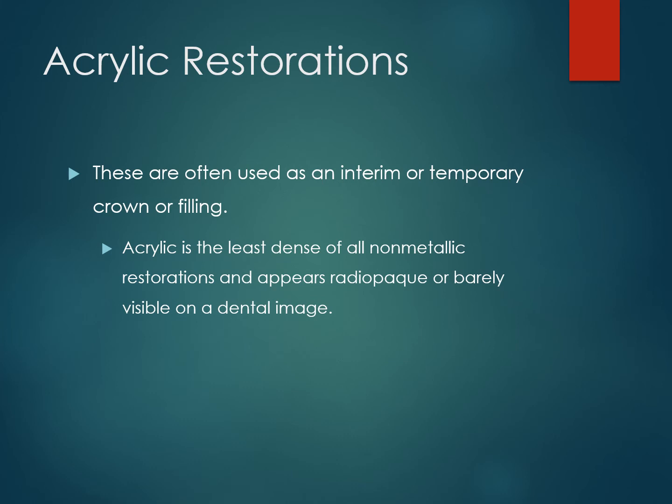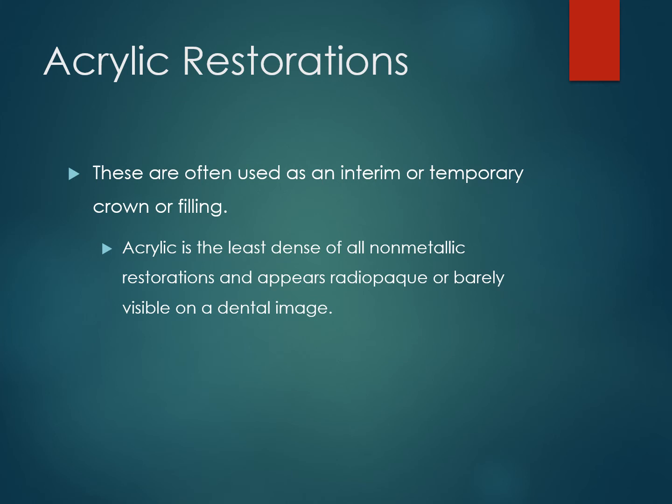They shave it all down, take an impression, and send that impression to a lab. The lab will take maybe 2 or 3 weeks to make that crown. And what's that patient supposed to do in that 2 to 3 week time frame, right? They have a stump for a tooth. It's very sensitive. If air touches it, it's going to be very sensitive if they still have a nerve.